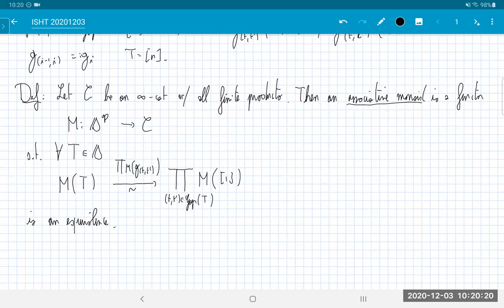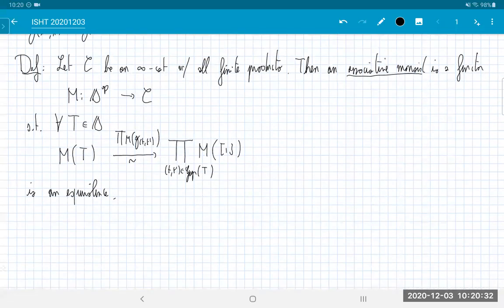And last time I sort of messed up trying to motivate this definition. Let me try to do the proof properly this time. Oh, just a small bit of terminology. An associative monoid in the infinity category of spaces is called an E1 space.